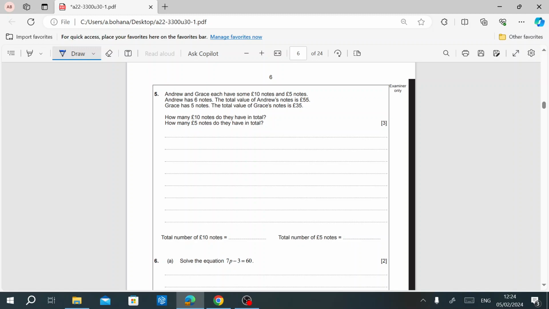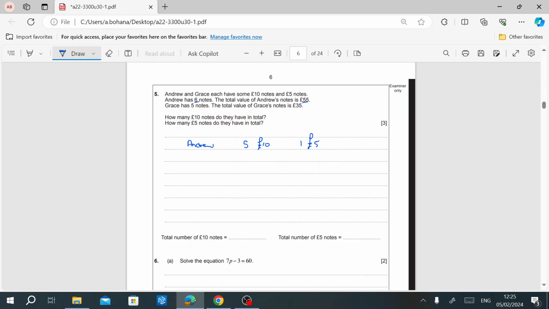Okay, so question 5. Andrew and Grace each have £10 and £5 notes. Andrew has 6 notes. How can he get £55 with 6 notes? So Andrew must have 5 £10 notes, and he must have one £5 note.